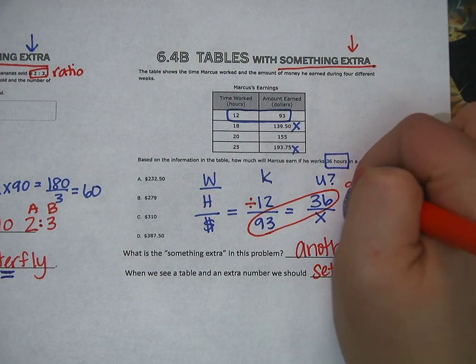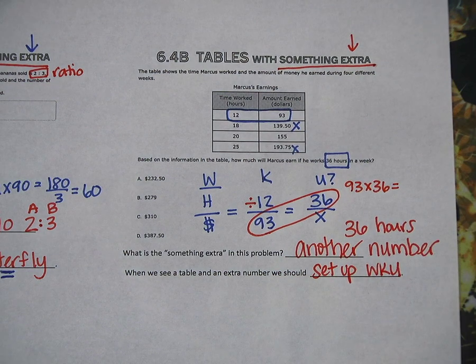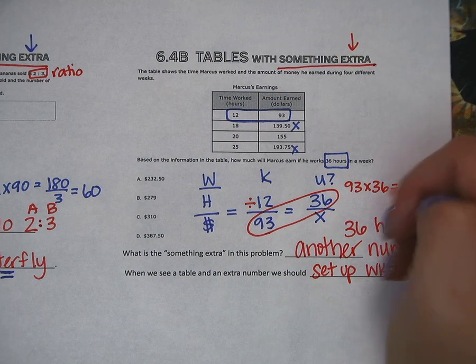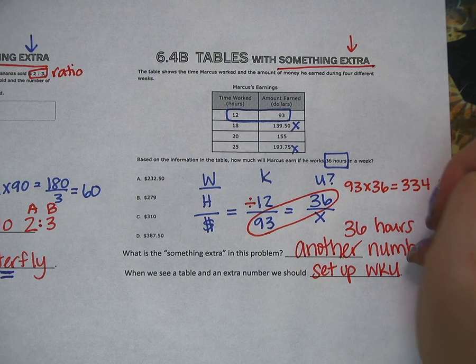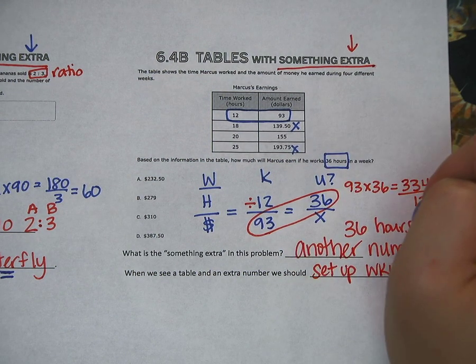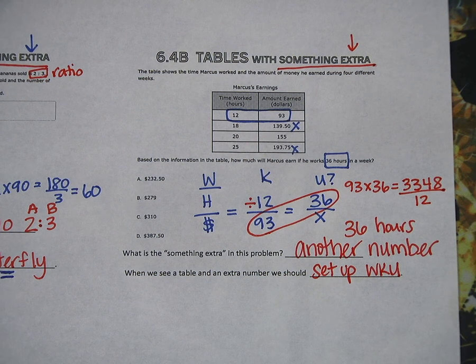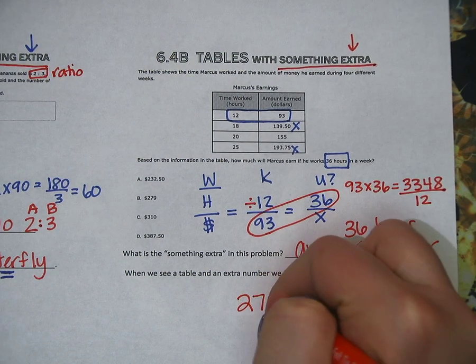Just for the purposes of time, I'm not going to multiply that on screen. I'm going to get 3,348, and then I am going to divide by 12. Again, for the purposes of time in this video, I divided and I got $279.